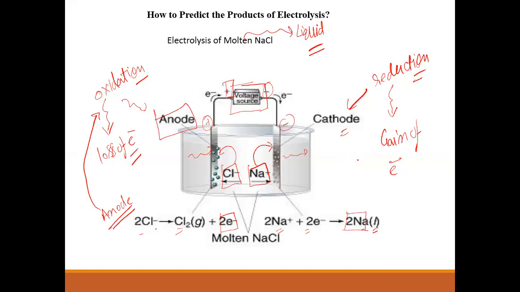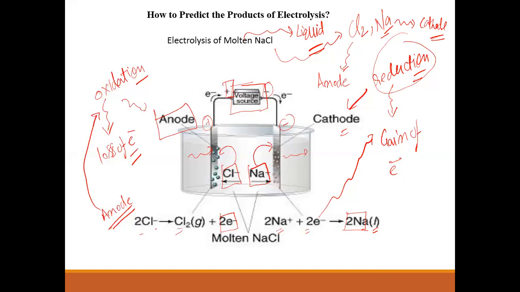Here gain of electrons takes place, that is why the process of reduction takes place. So what are the products of electrolysis of molten NaCl? The products are Cl2 and sodium. Cl2 is present at the anode, whereas sodium is present at the cathode.